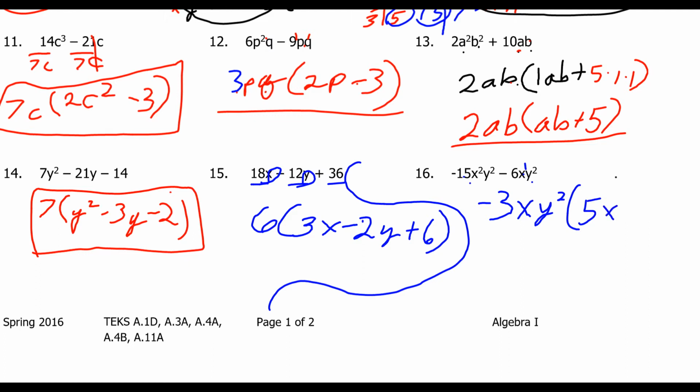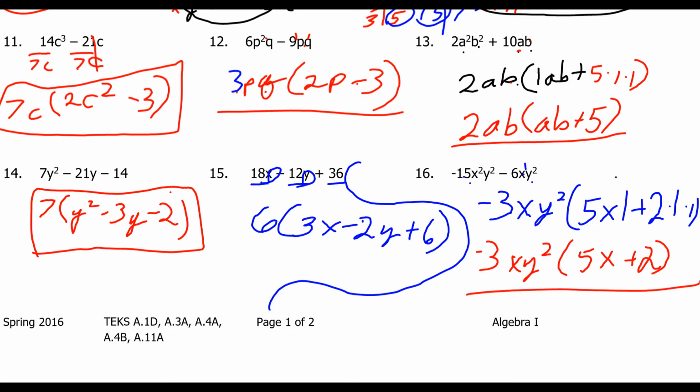X times x would give us x squared, and then y squared times 1 would give us y squared. Minus, negative 3 times 2 would give us negative 6. Oop, no it wouldn't. Plus 2. Negative 3 times 2 would give us negative 6. And then x times 1 and y squared times 1 would give us the rest of it. So what we wind up with is negative 3xy squared on the outside of 5x plus 2. All right, and there it is.